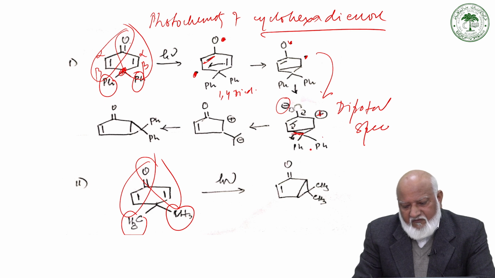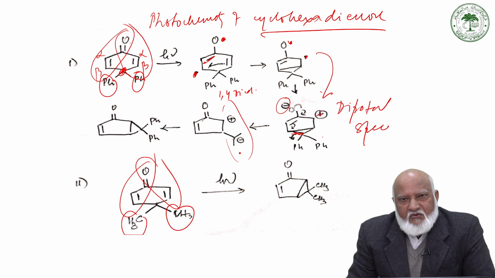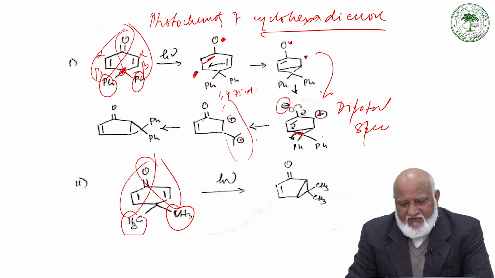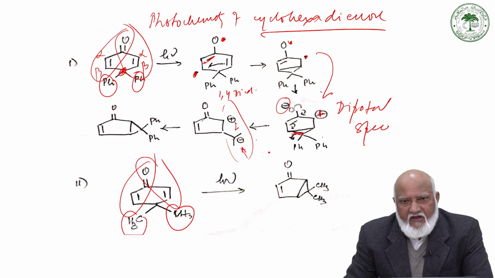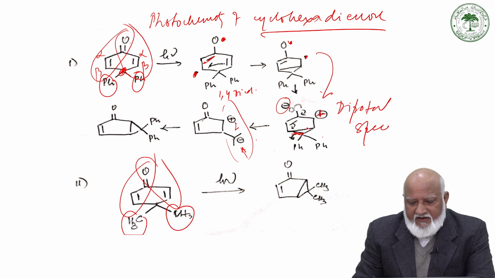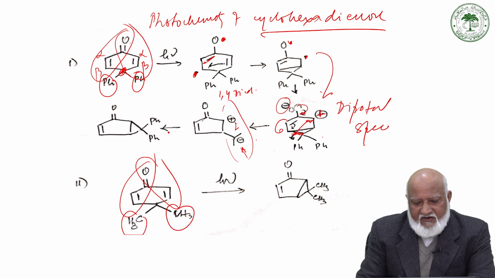O minus converts to the carbonyl, then the double bond shifts and this bond cleaves. For the sake of understanding, I have just shown that when it opens up, it generates a negative charge, and there is already a positive charge which will combine to this. But essentially it is a simultaneous reaction: O minus goes back, converting to carbonyl, the double bond shifts, and then this goes and attacks here, and then we get this product.